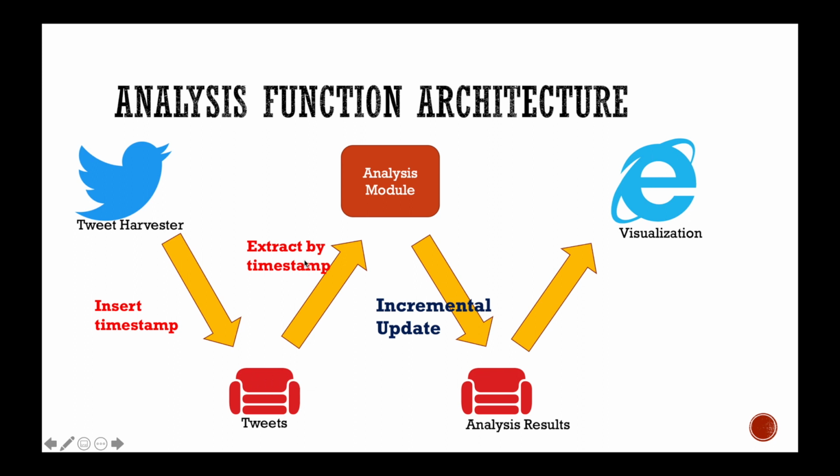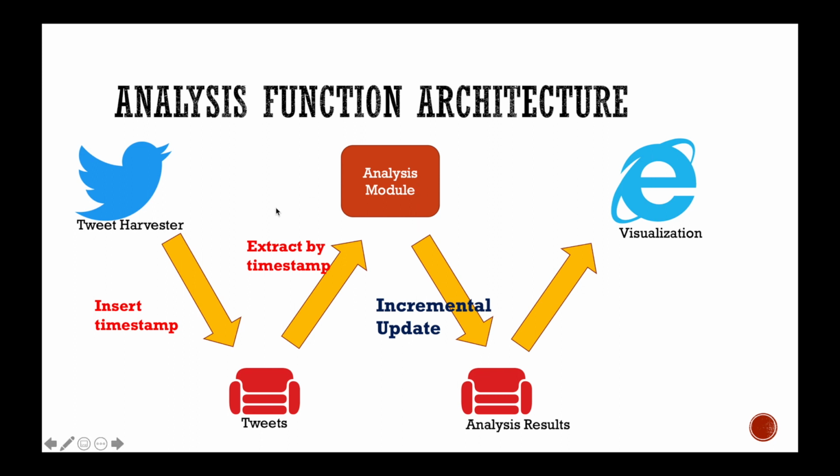And then we are going to use MapReduce to extract the data by the latest timestamp and pass them to the analysis module. And every time the analysis module gets an update on the analysis results, it will save back to CouchDB. And in such a way, we can incrementally update our analysis results.